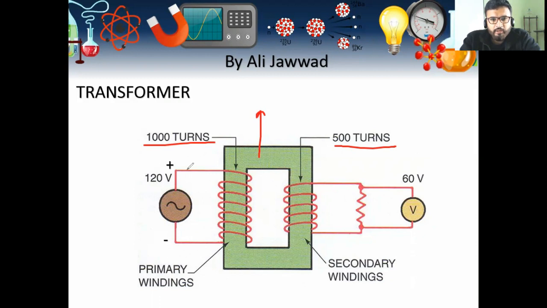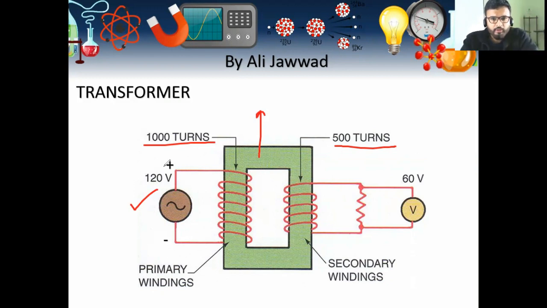The energy for the primary coil is provided by the power plant or AC generator. That is why I have placed an alternating circuit over here, just to represent that the incoming voltage from the power plant will be alternating. According to the right hand rule, when the current passes through the primary coil, a magnetic field will be induced.